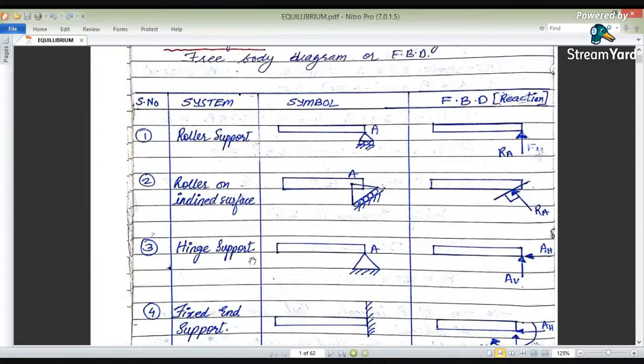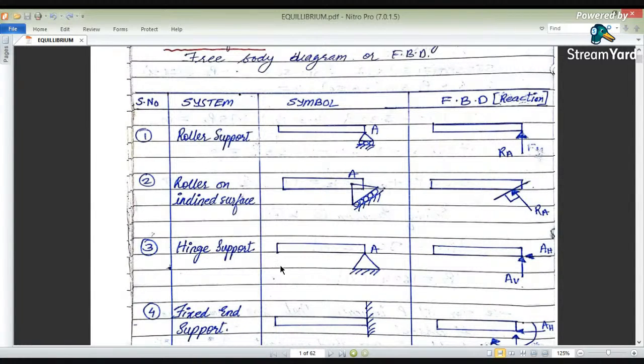Okay, the hinge support is there. A hinge support always has two reactions. When we release this hinge support from a beam, there are two reactions. In roller supports there is only one reaction because it is moving in only the x direction. Here the roller is moving in the x direction, therefore it has a perpendicular reaction in the y direction.